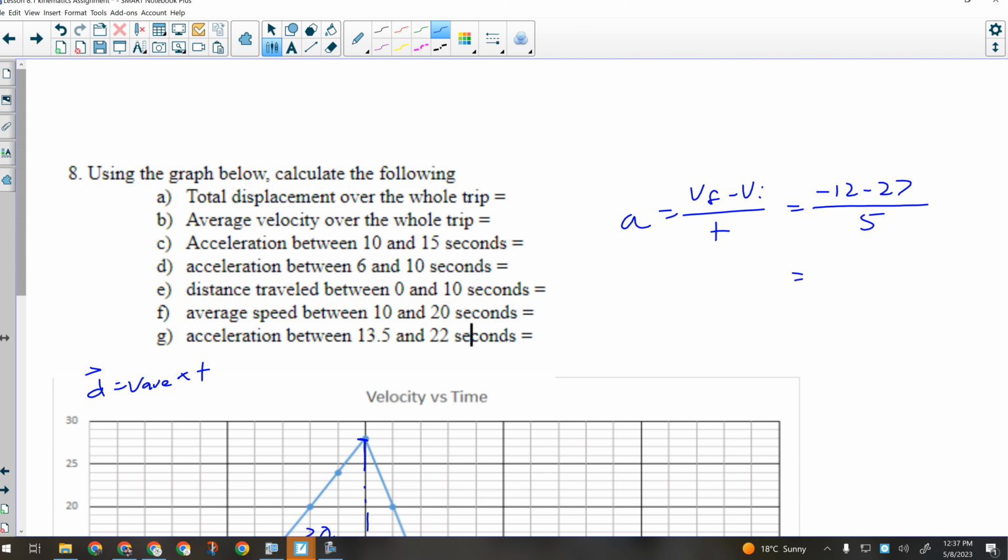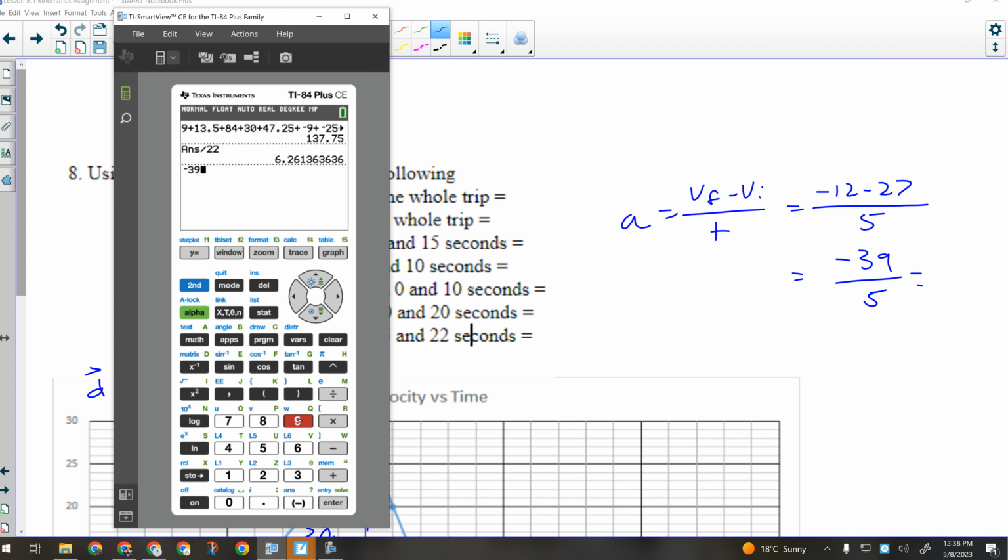So we've got negative 39 over 5, whatever that comes out to. All right, so our acceleration during that time is negative 7.8 meters per second squared.